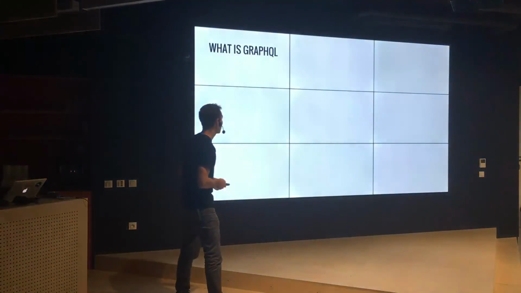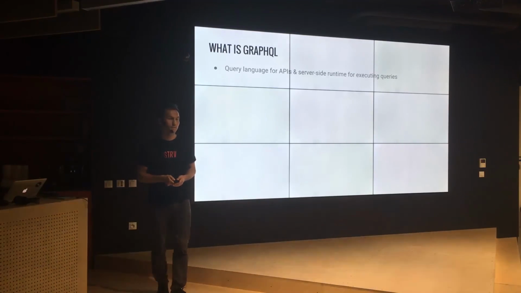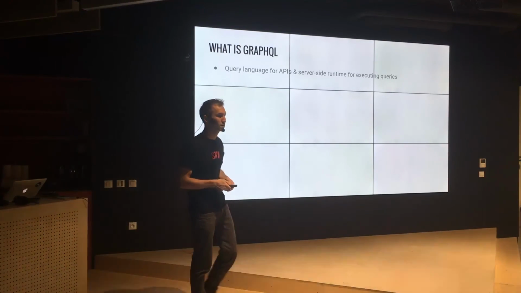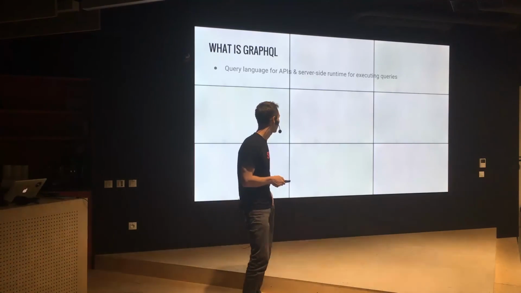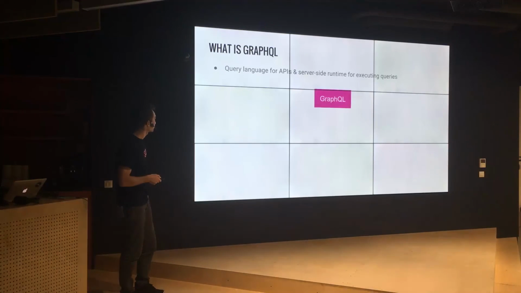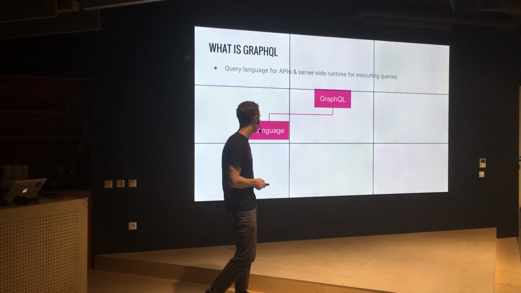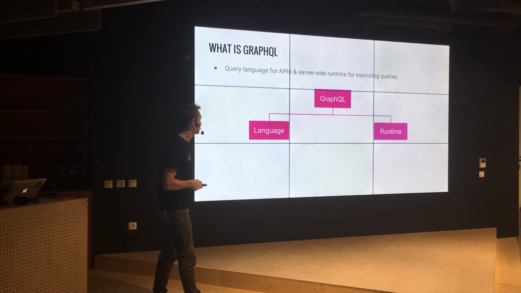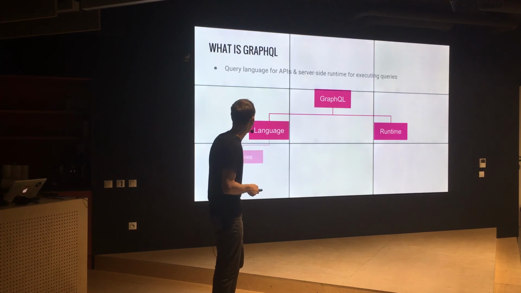So GraphQL is basically a query language for your APIs. It's basically a replacement for REST APIs. And it's not only a language, but it's also a server-side runtime for executing those queries. So we can divide GraphQL into two separate parts. One is the language, and one is the runtime. And there are several pieces in each of them.